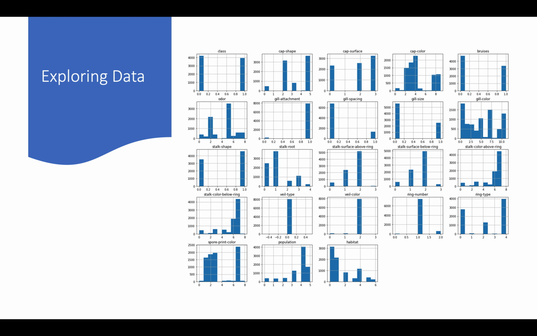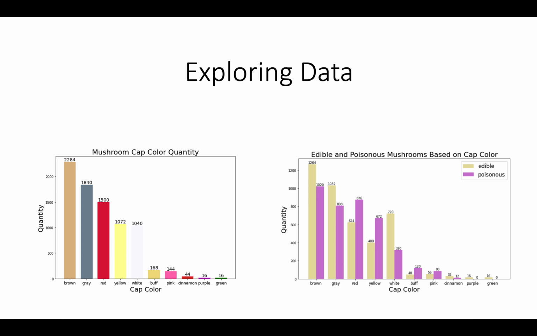This is a more general look at the distributions of different columns. Some have more different attributes, some have fewer attributes. We could see class 0 and 1, which is edible or poisonous.